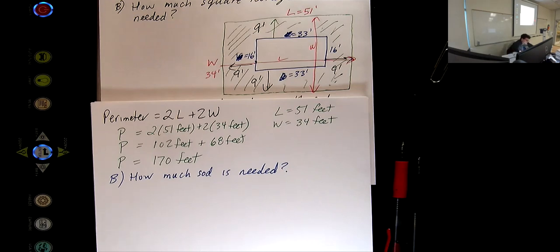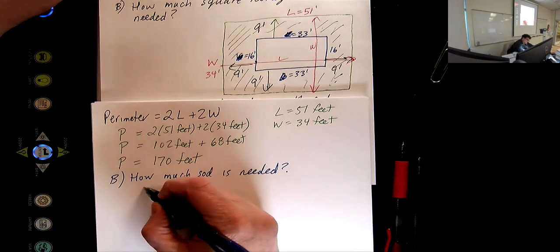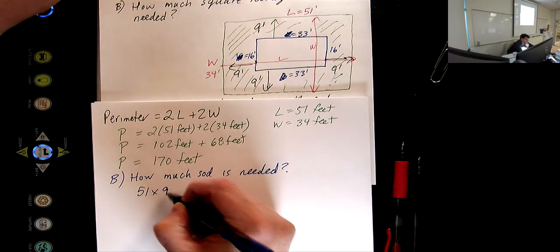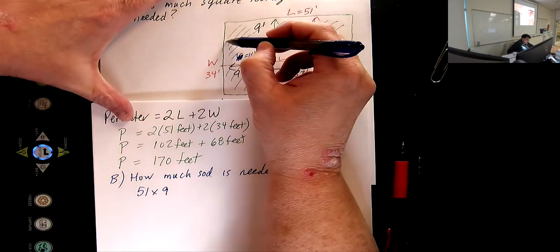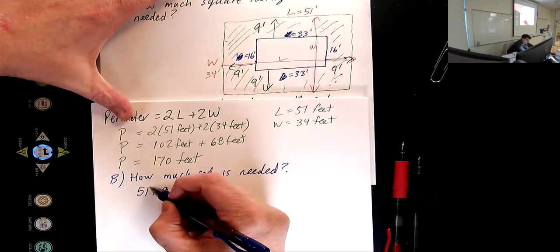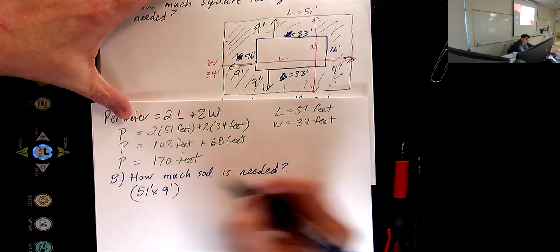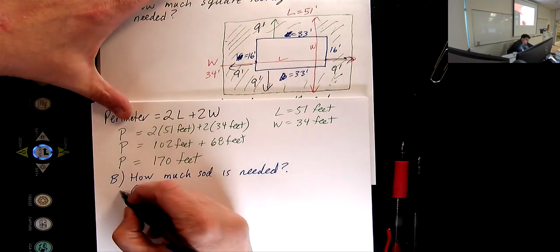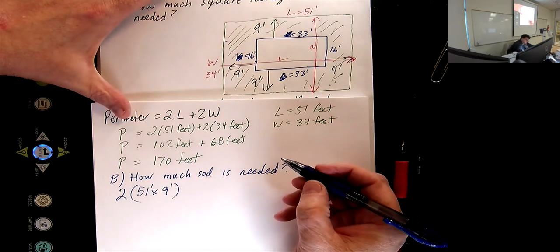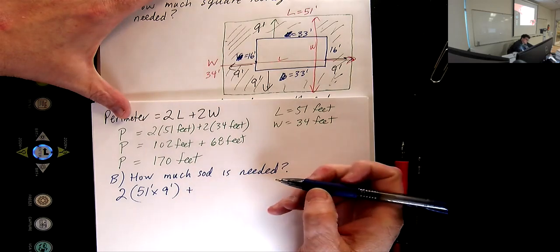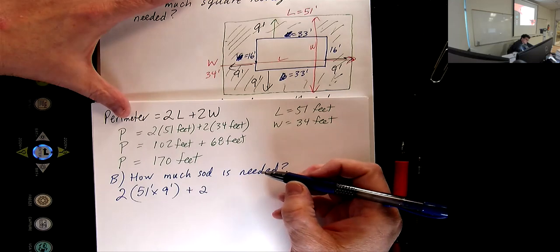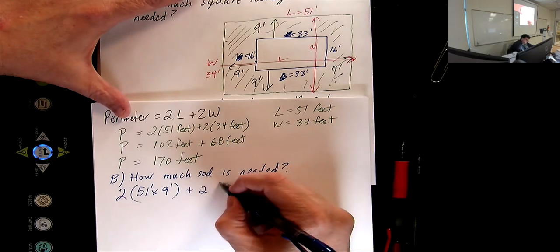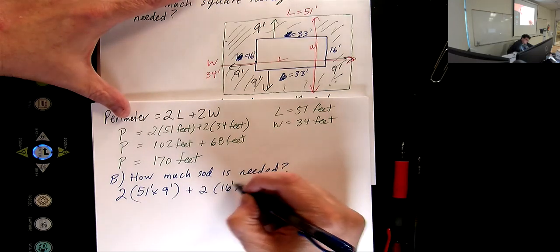Say that again? So 51 times 9. Bob is saying 51 times 9, and we put our little distribution box, so that is doing this area. Put it in the box and put 2 in front of it, and then a plus sign, then 2 times 16 times 9. Would that work? Let's see.